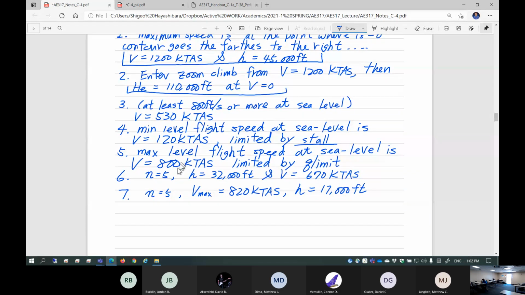Question number 8, the last question: what is the minimum speed at which this aircraft can sustain a 5G turn? At which altitude and airspeed does it occur, and what causes this limit?